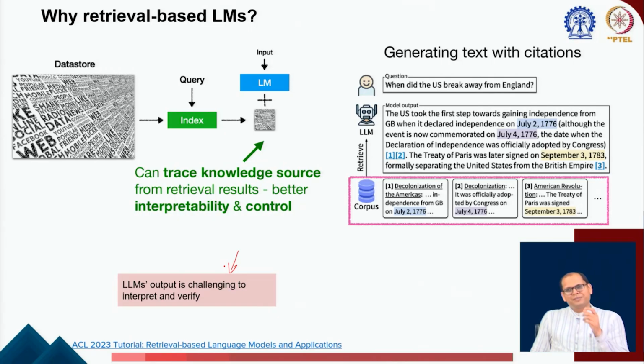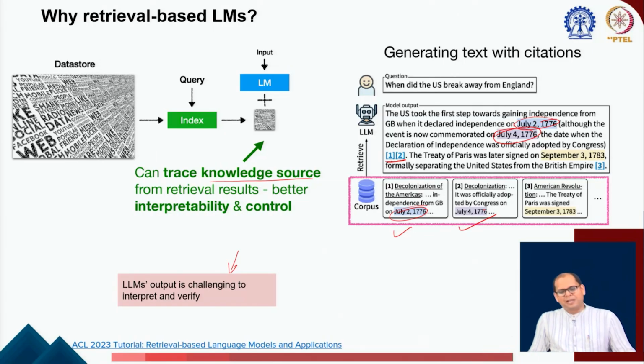So it may help if it gives an output along with some citations or references from what sources it got the output. That's where again RAG can help, because you can trace the knowledge sources from retrieval ledgers. I got retrieval ledgers from these websites. So while writing the answer, I can easily refer like 1 and 2. I can cite the sources from which I got the answer.